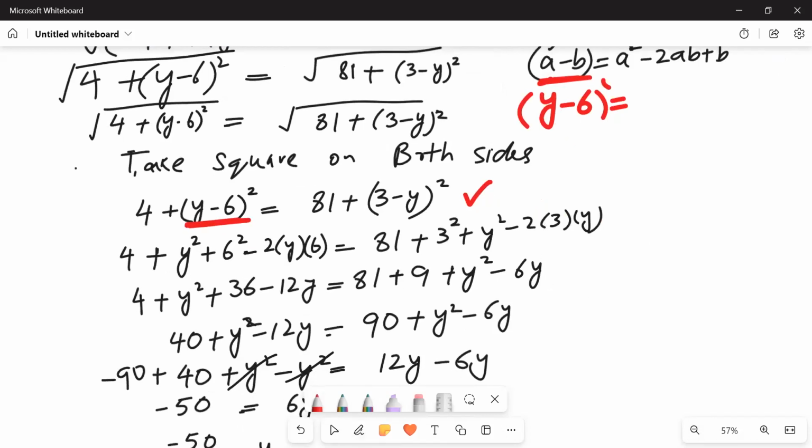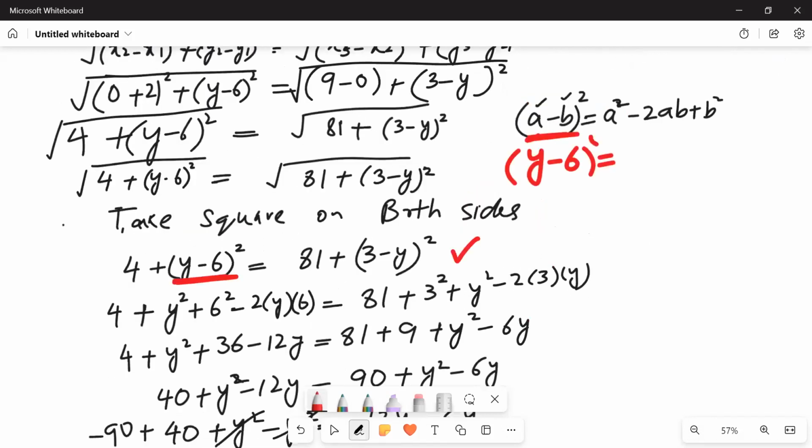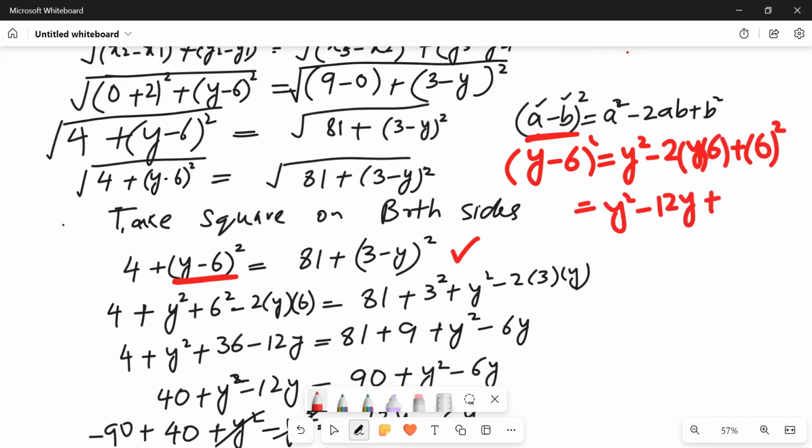So A square means y square, and minus 2 times A is y and B is 6, so we are multiplying these values. Then B is 6 square. Now it will be y square minus 12y plus 36.